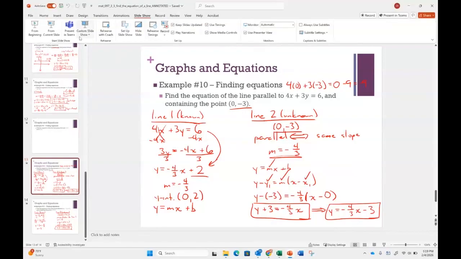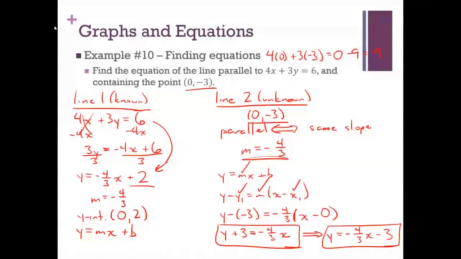So these lines are parallel. I have the equation for the first line, so it's 4x plus 3y equals 6. In this form, I have no idea what the slope or y-intercept or anything else is. But when I get it to y equals mx plus b form, then I can figure some stuff out more easily. So turn this into y equals negative 4/3 x plus 2.